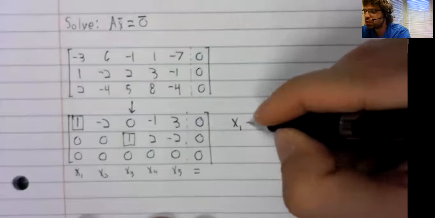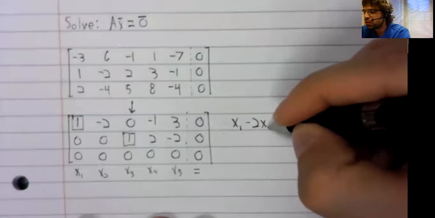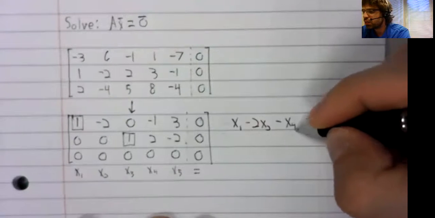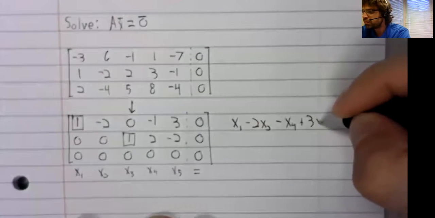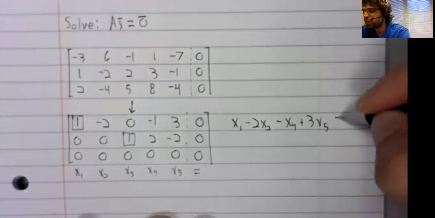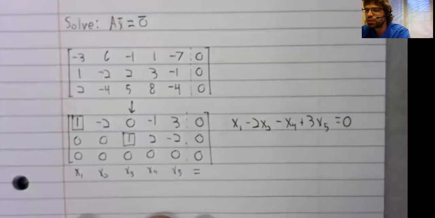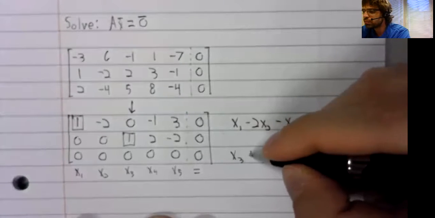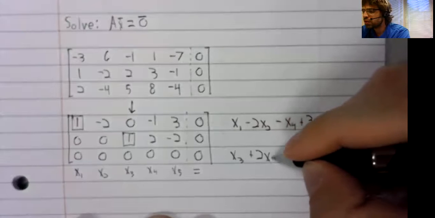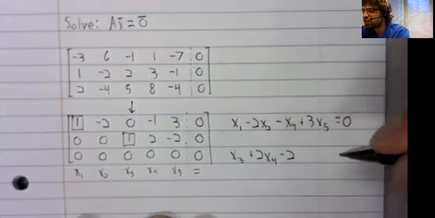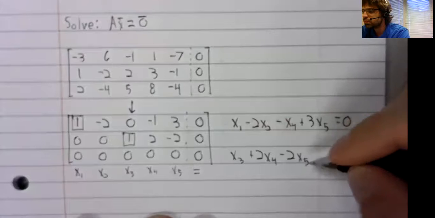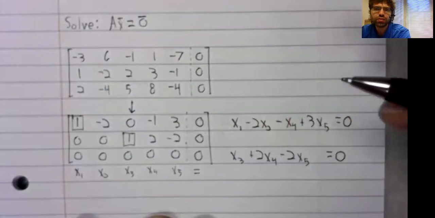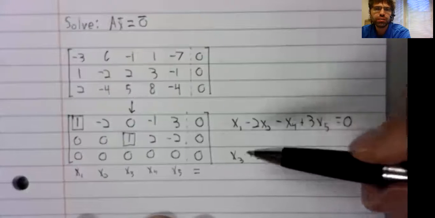The first row gives us an equation for x sub 1. The second row gives us an equation for x sub 3.